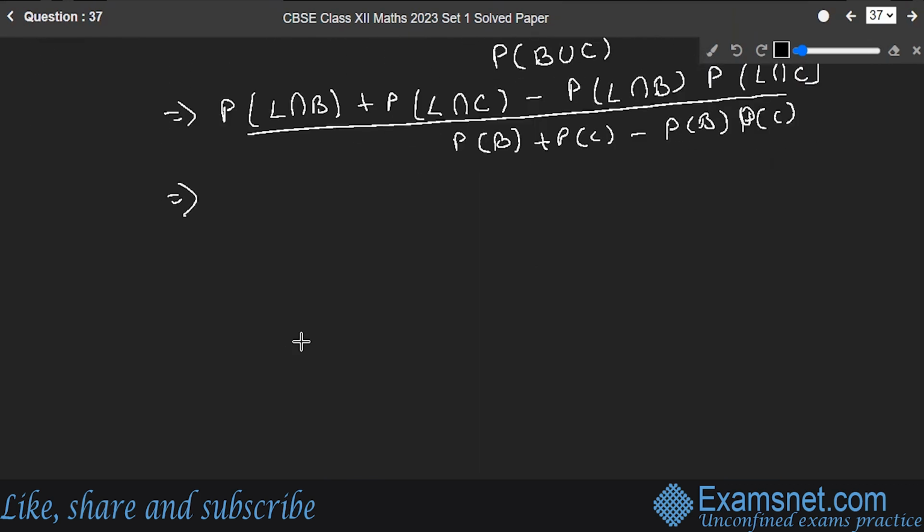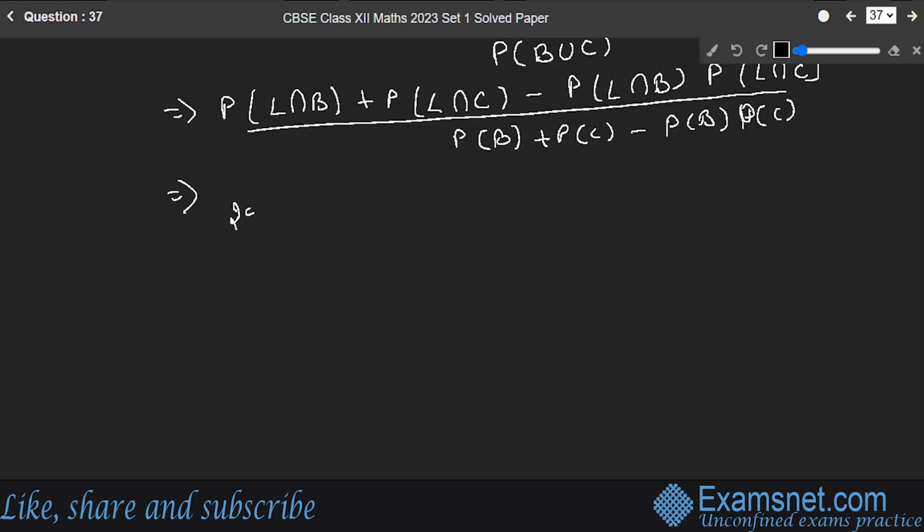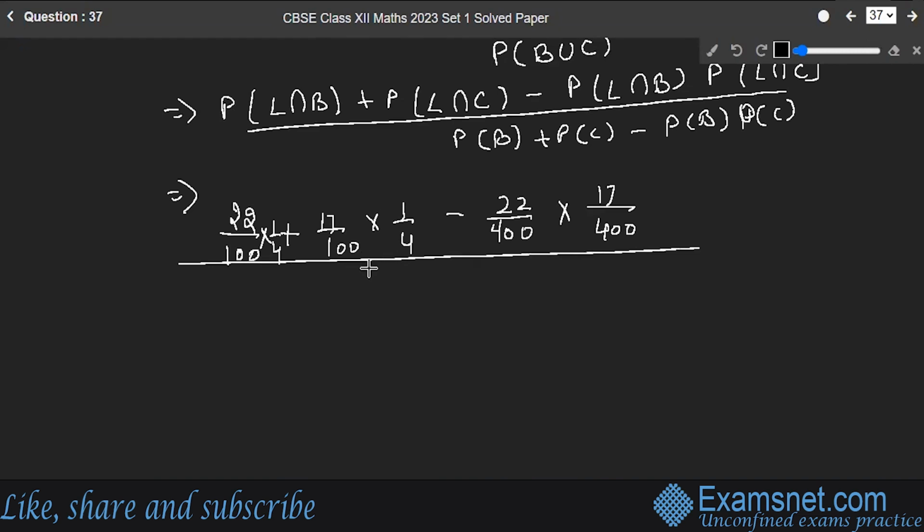So here you have this is 22 upon 100 plus, sorry, L intersection B. Okay, this is equal to 22 upon 100 multiplied by 1 by 4 plus 17 upon 100 multiplied by 1 by 4 minus 22 upon 400 multiplied by 17 upon 400, the whole divided by 1 by 4 plus 1 by 4 minus 1 by 4 multiplied by 1 by 4.